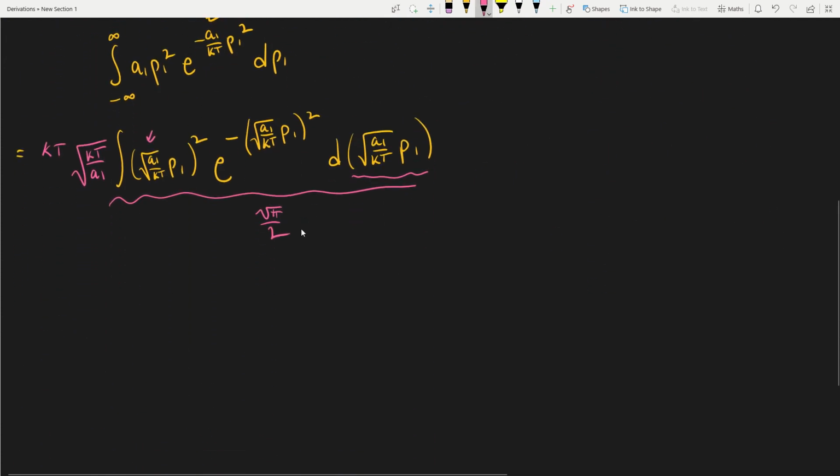So this whole thing boils down to, switching back, kT, and then root. I'm going to write this in a funny way. I'm going to write kT half, and then root kT pi over a1. Hopefully I haven't made a mistake here.